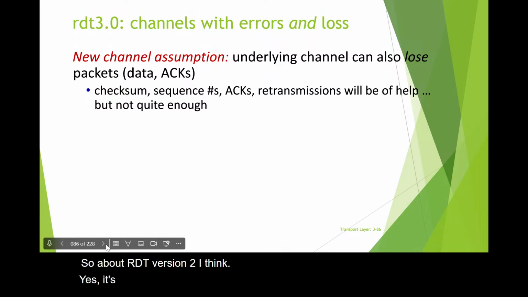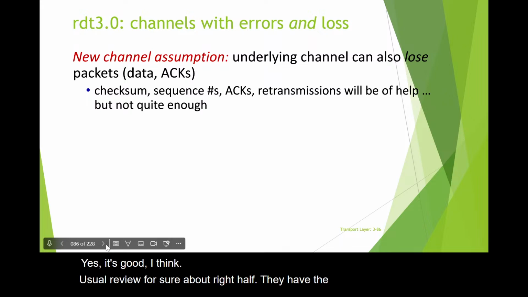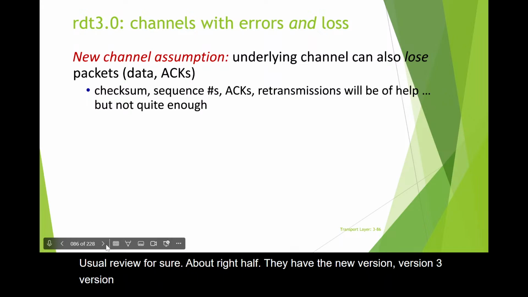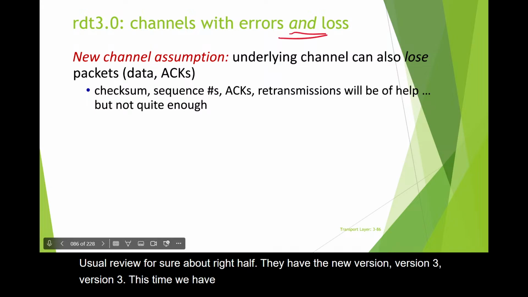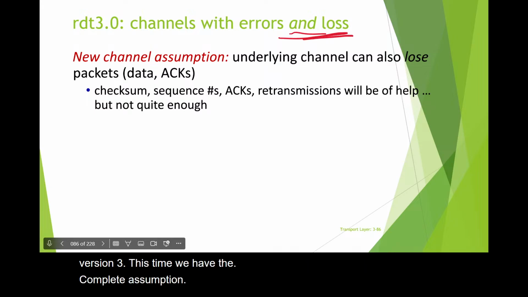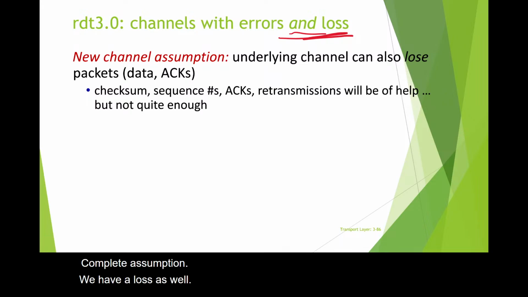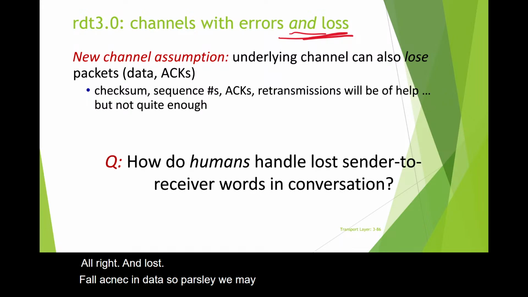I think you should review it for sure, but right now we have the new version, version 3. This time we have a complete assumption. We have loss as well. All right, loss for ACK, NAK, and data, so partially we may have losses.